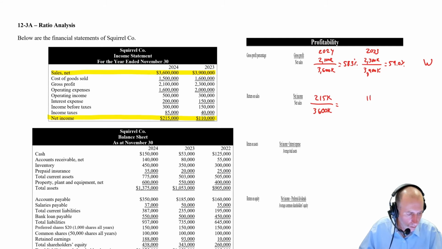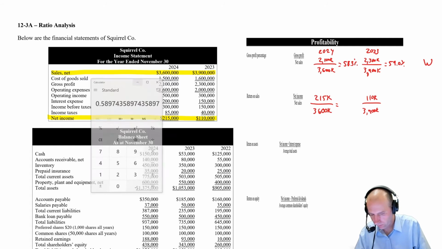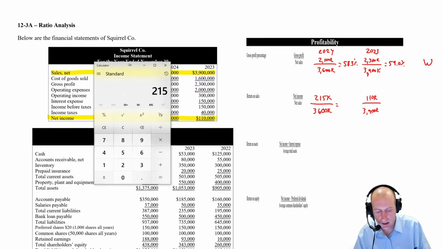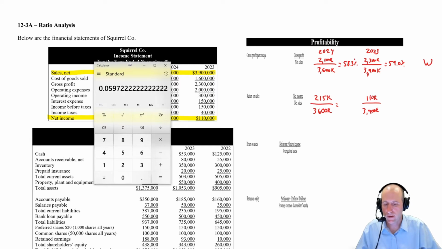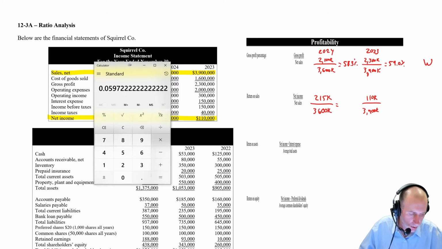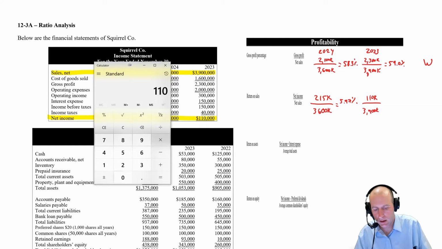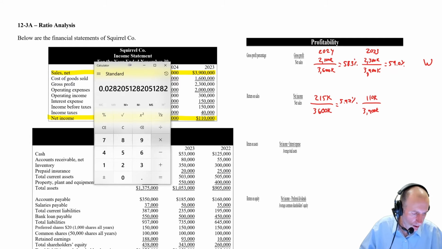Last year, 110 divided by 3.9 million. 215 divided by 3600 is 5.97%. Last year, 110 divided by 3900, 2.82%.